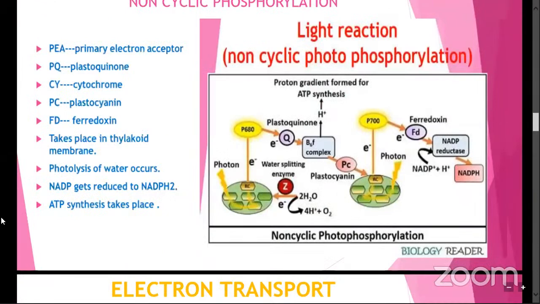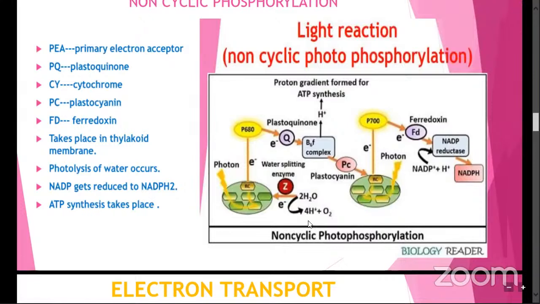And in this non-cyclic photophosphorylation, why does the photolysis of water take place? Look at the cycle here. One H2O molecule splits into H plus and OH minus. And again, OH minus splits into oxygen and protons. This oxygen comes out as a byproduct, and all these protons are transferred to reduce NADP into NADPH.